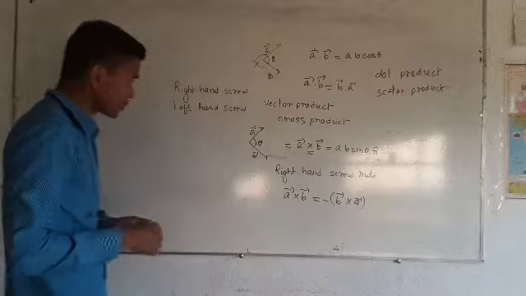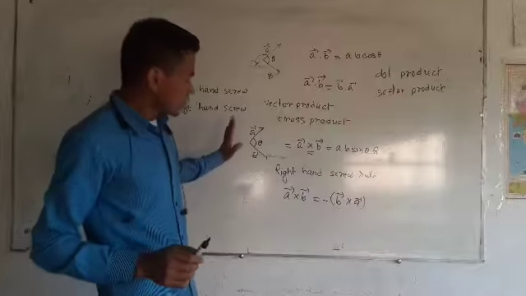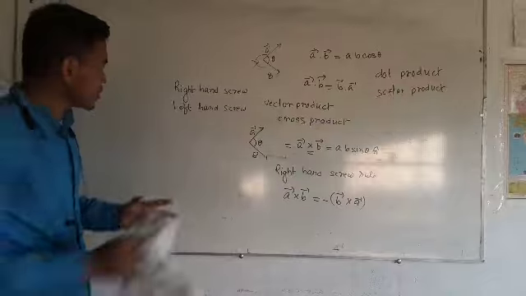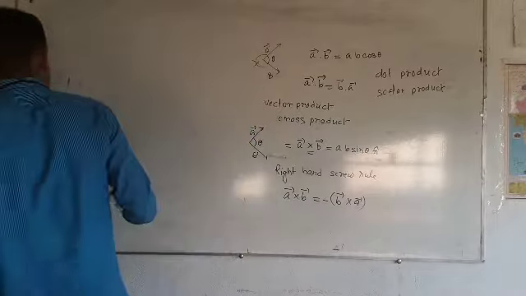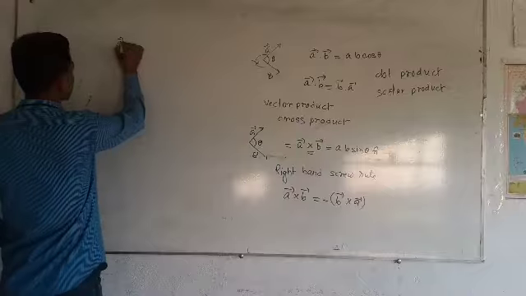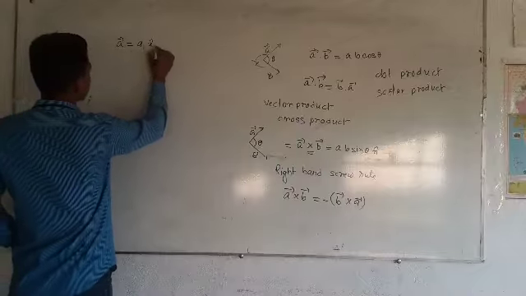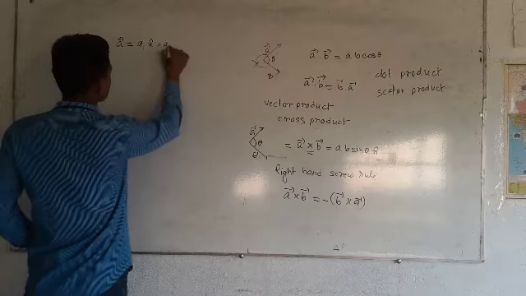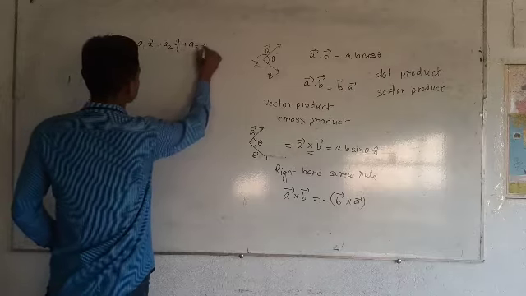Okay. And then the vector cross product can be represented using the determinant. A vector has components A1 along x cap, A2 along y cap, A3 along z cap.